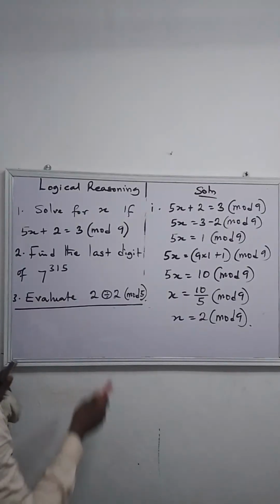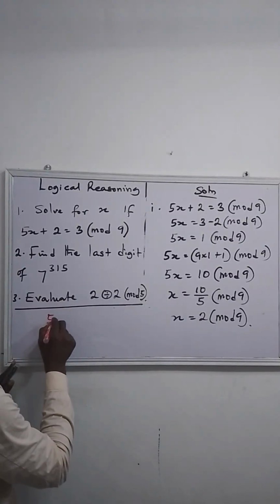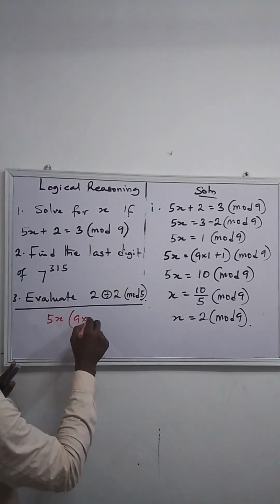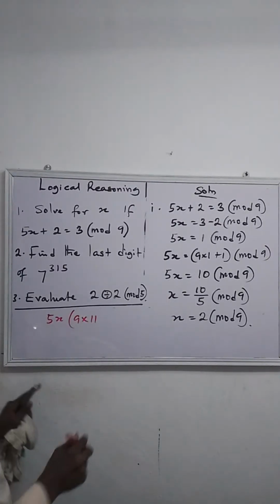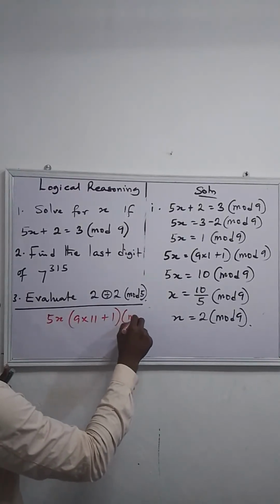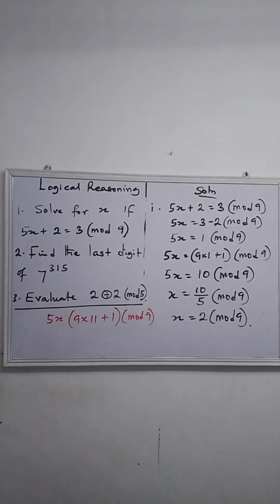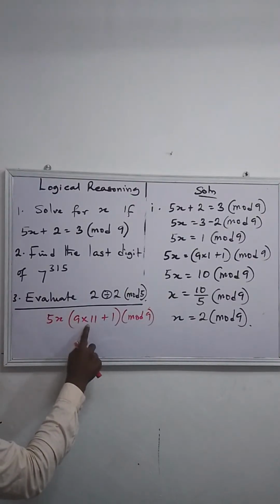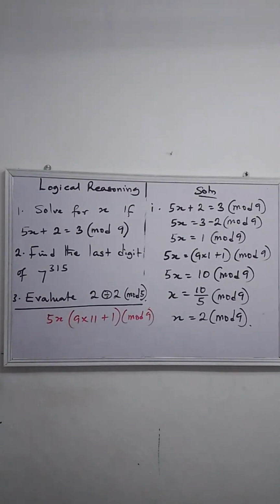All right, so now let's look at 9 times 11 plus 1 in mod 9. This is going to give you 99, and 99 plus 1 is 100.